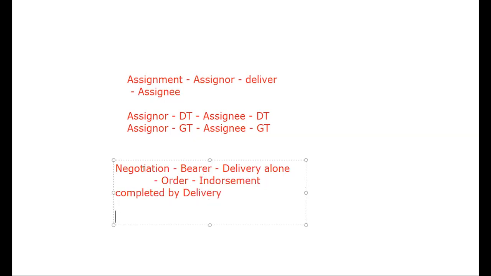Now, if that will be the case, take for example, the endorser. Okay, so yung nag-transfer. If the endorser has a defective title, what kind of title will be given to the endorsee? Would it also be defective title or would it be a good title?